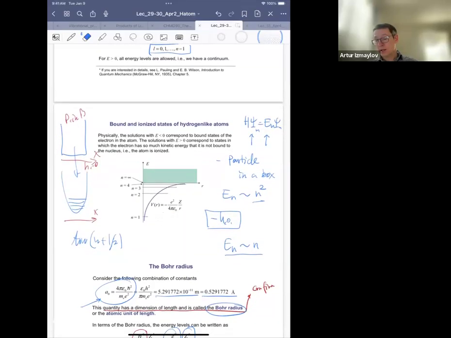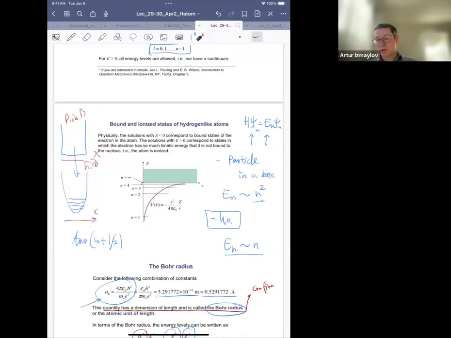Because we have different potential, different dependence on n, and there are two types of levels. Discrete, where things are localized still near the nucleus, and continuum. This is a continuum, this is discrete. You see this discrete, there's a separation between those levels.